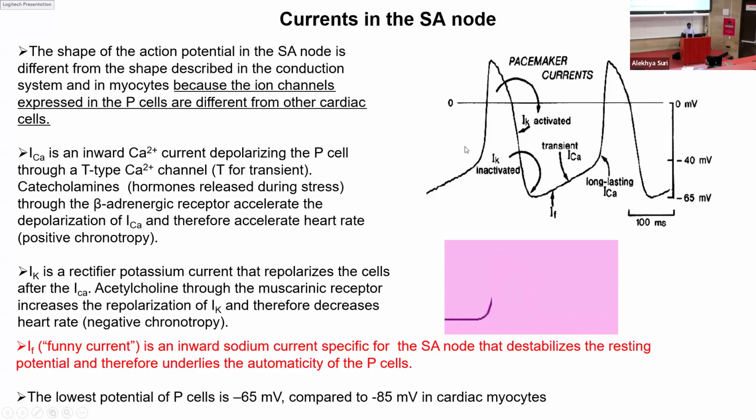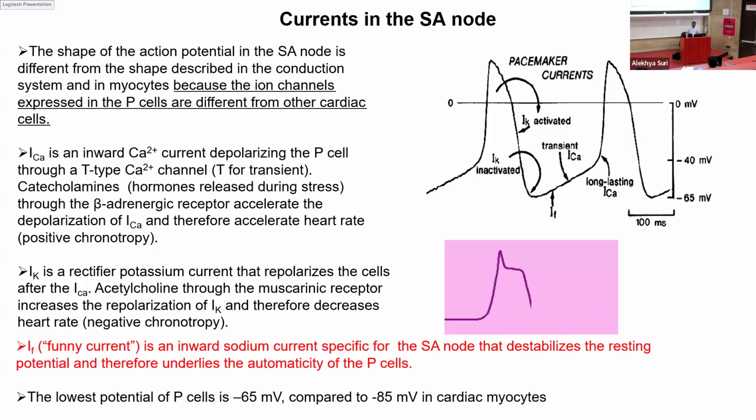Each channel, the T-type calcium channel, the potassium channels and the funny current, is activated by catecholamines and acetylcholine. This represents the increased heart rate during exercise or stress conditions, and the decreased heart rate during resting conditions.